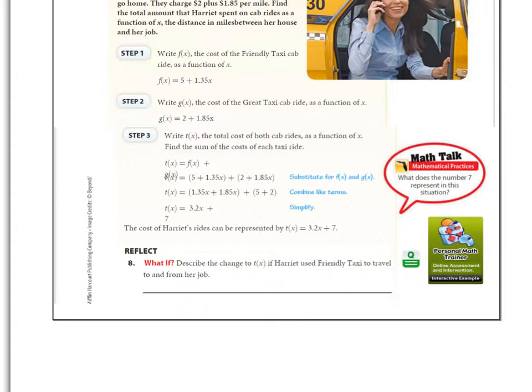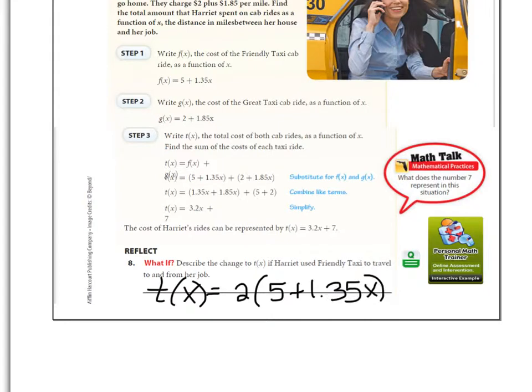If she's taking the friendly taxi company back and forth, then we know that t of x would equal 2 times your 5 plus $1.35 per mile.